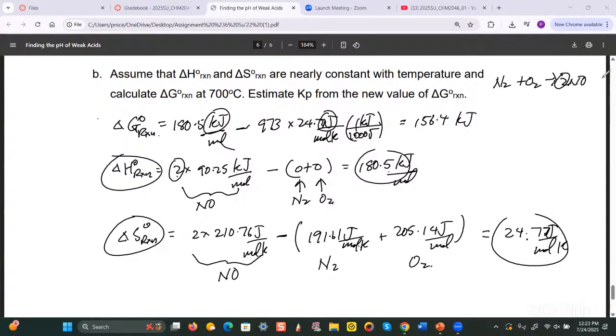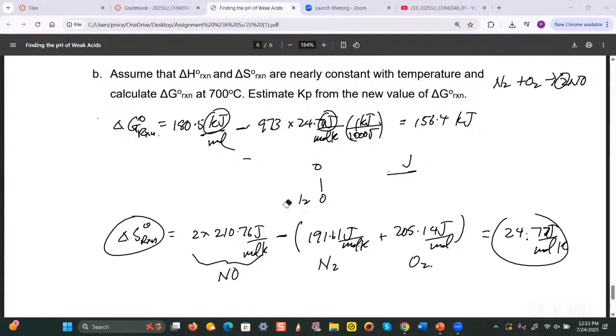But we're not finished yet because we need to find KP. So let me erase this line here, and we're going to use the same equation as we used in the previous problems that we started today's class with. KP is equal to e to the minus delta G over RT, right?